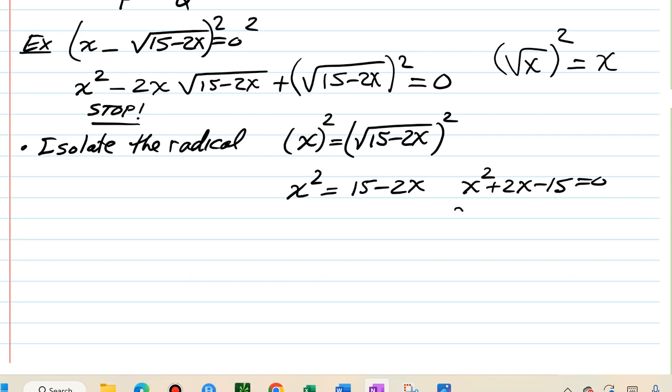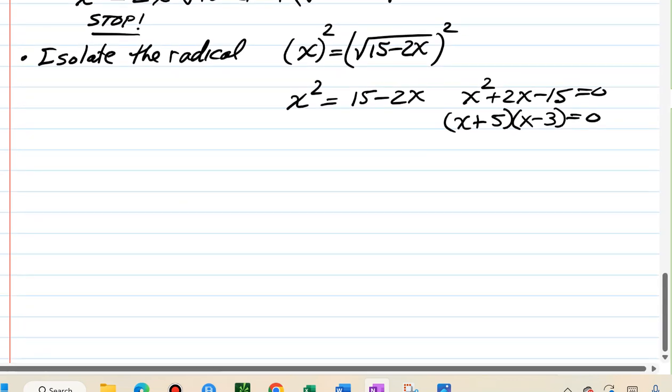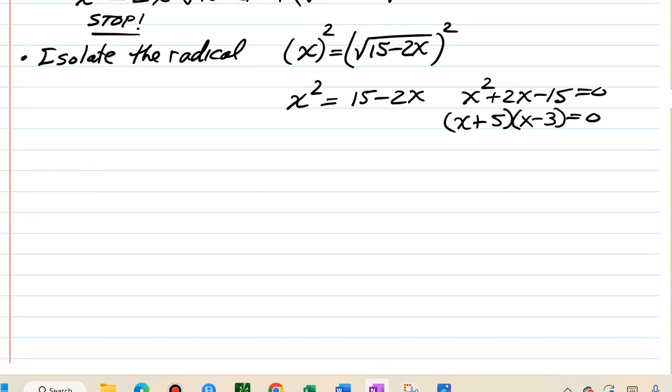And now, will this be factorable? I hope so, so I don't have to do the quadratic formula. If something is not factorable, usually we use the quadratic formula. You could complete the square, but to me the quadratic formula is like the elephant gun. It's just going to put any quadratic equation out of its misery.